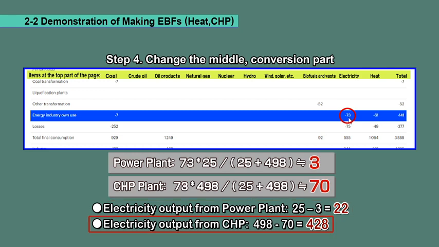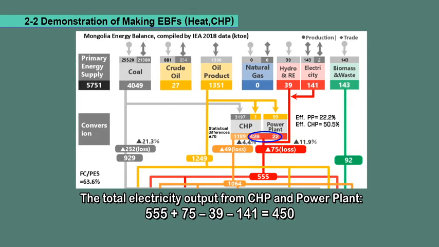For CHP, it's 498 minus 70, which equals 428. The equation from earlier was 555 plus 75, minus 39 minus 141 equals 450, and we have confirmed the earlier value for electricity.